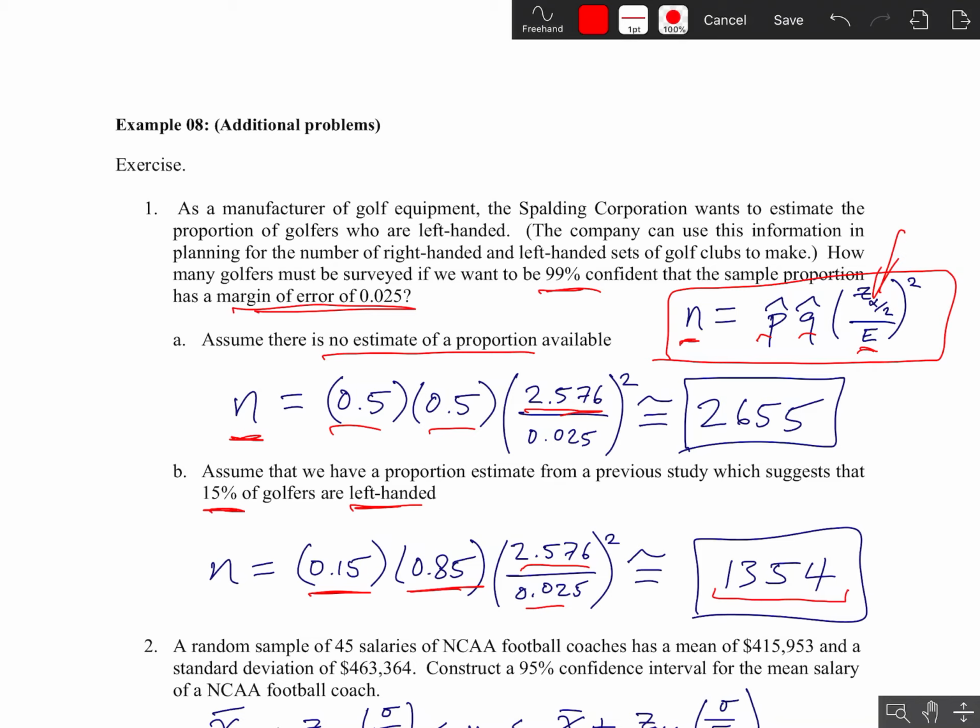It would be 1354. So if you do have some estimate, then that will benefit you in terms of the number of people that you have to go out and survey to get an accurate assessment. But if you don't have any estimate, we can still come up with some number of people that we need to survey, but we need to take p hat and q hat to both be 0.5. So that's the worst case scenario in these problems.